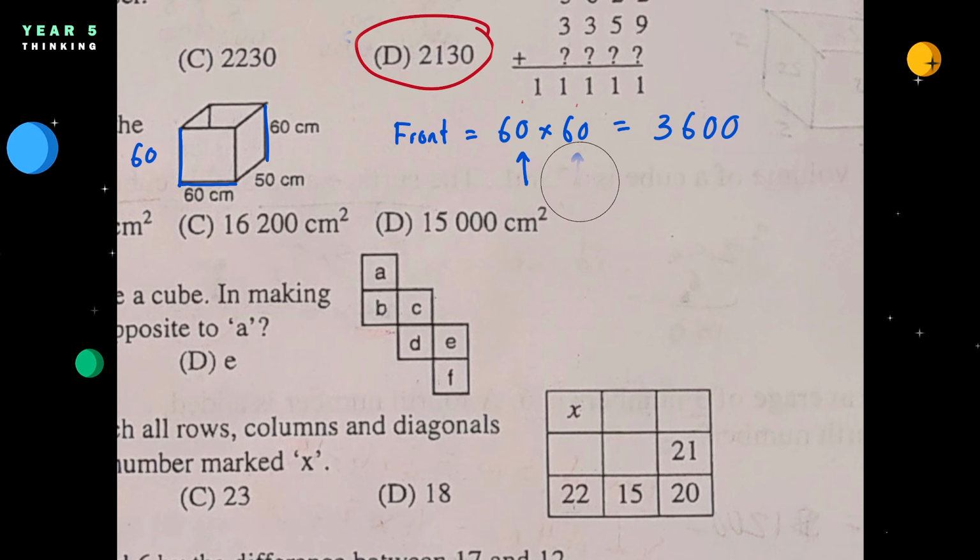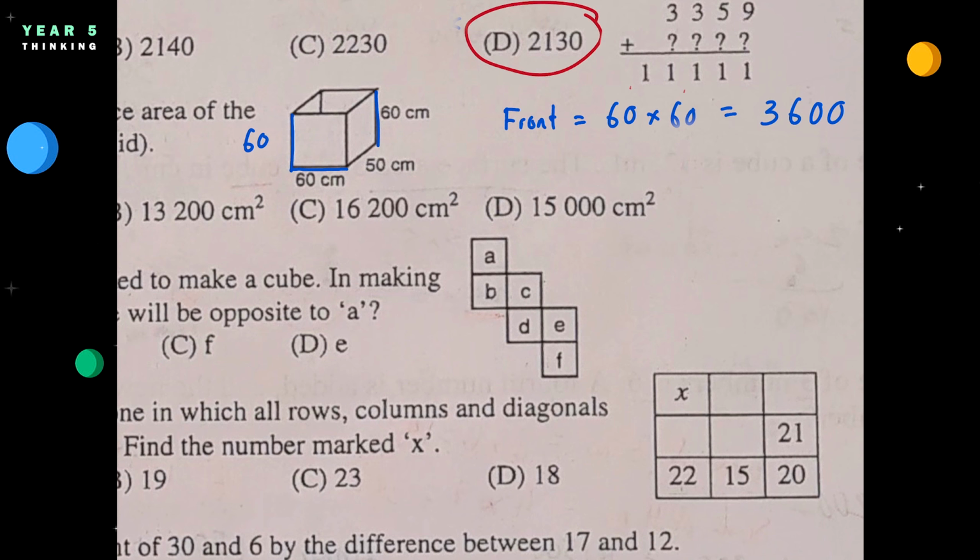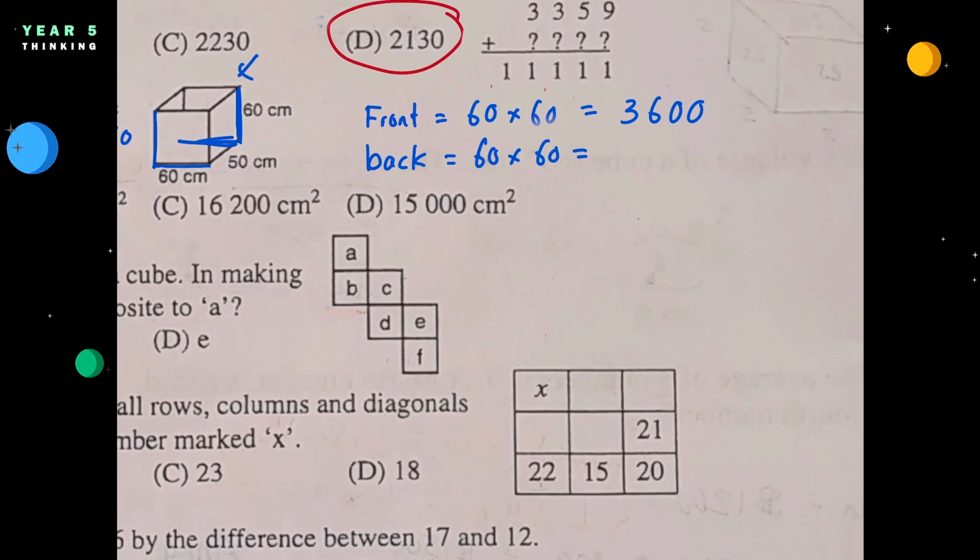That's the fast way. Next, the front face is that one. Let's look at the back face. The back face should be the same, right? The back face has the same height and same length. So the back face should also be 60 times 60, which also equals 3,600.